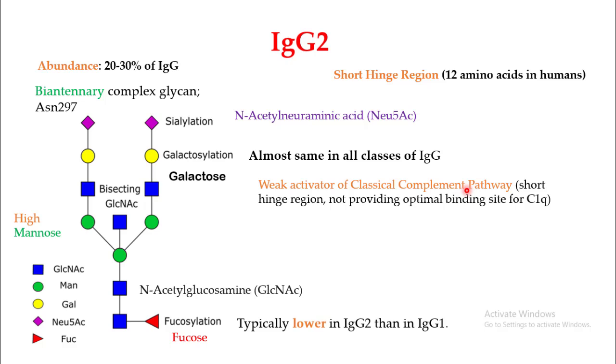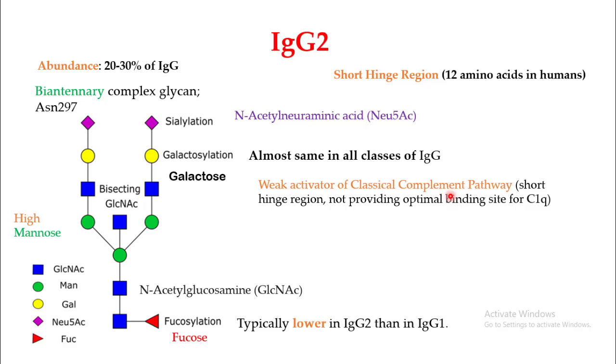One of the reasons is that its short hinge region is not providing an optimal binding site for the C1q, which is a component of the complement system. The immunoglobulin G1 was providing an optimal binding site for the C1q, but the immunoglobulin G2 hinge region is not providing an optimal binding site over here. Therefore, this is a weak activator of the classical complement pathway.